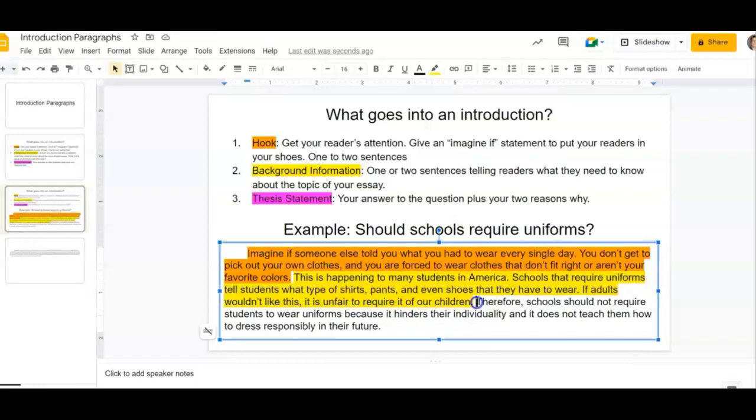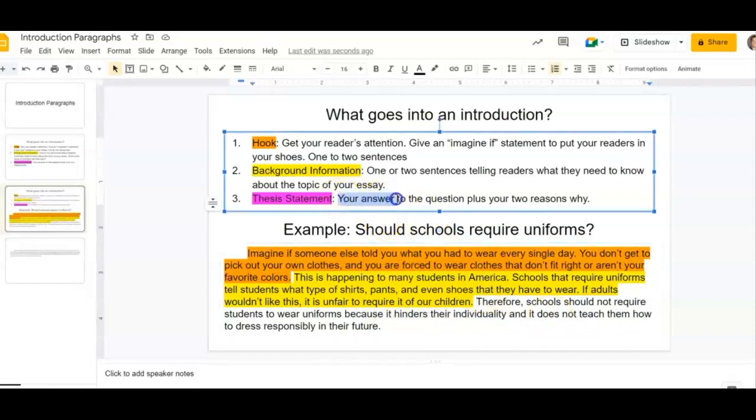Okay. And then, therefore, so if all this is true, if this is happening to kids, this is what a uniform is, people don't like it, I have my answer and my 2 reasons why. So I'm even going to say my answer to the question, I'm going to underline that, and my 2 reasons why.